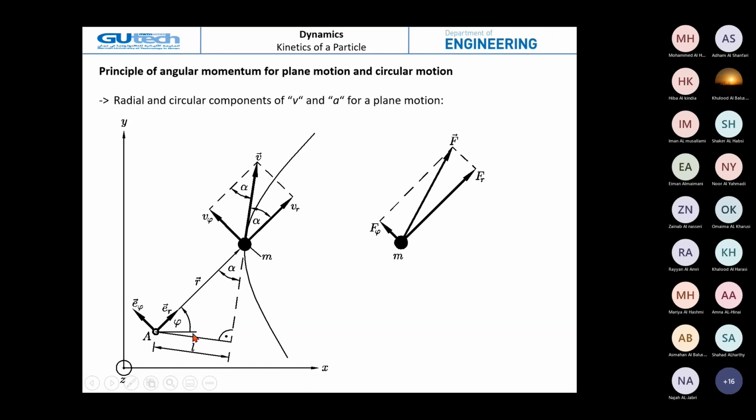We have now this angle phi. If we take our particle m, as I said, it has the velocity v.